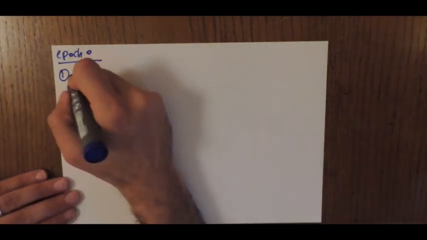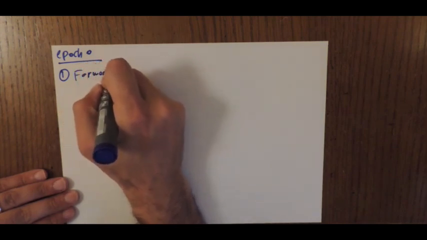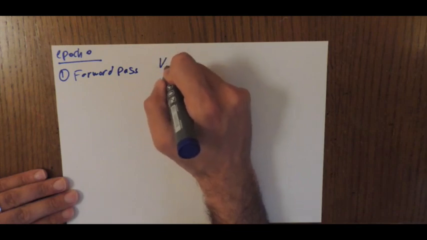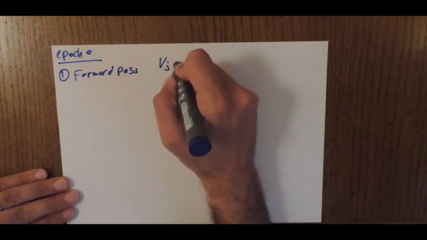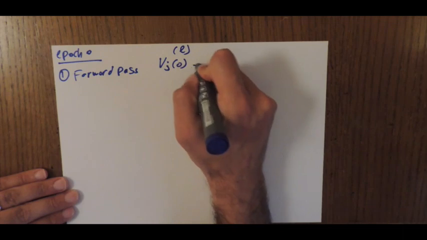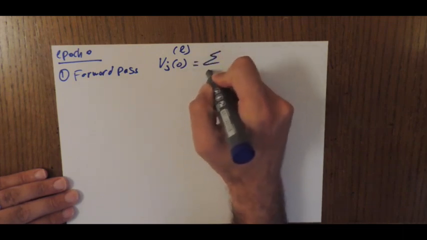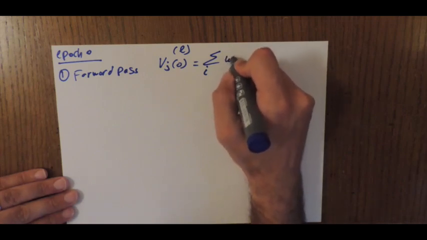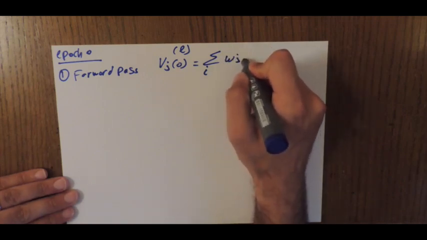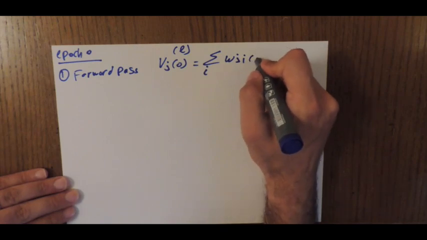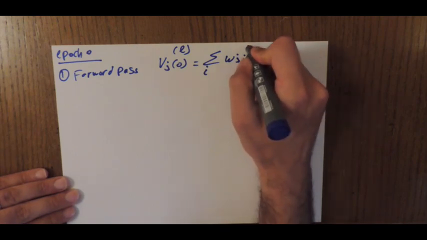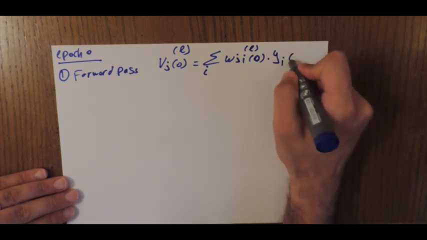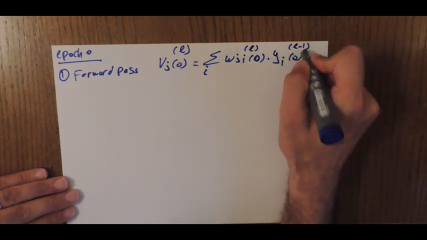So with the forward path, we're going to write the formula, which is Vj of 0 in layer L will be equal to summation for all input neurons Wji of, this is epoch 0 of L, times Yi of 0 for the previous layer.